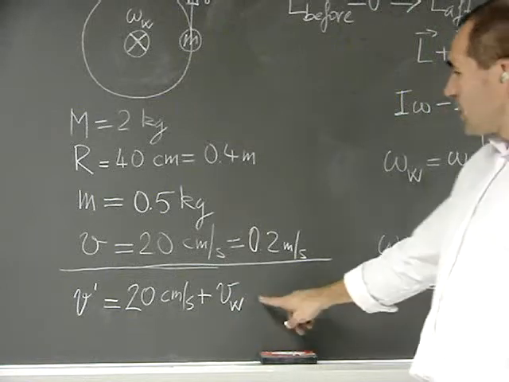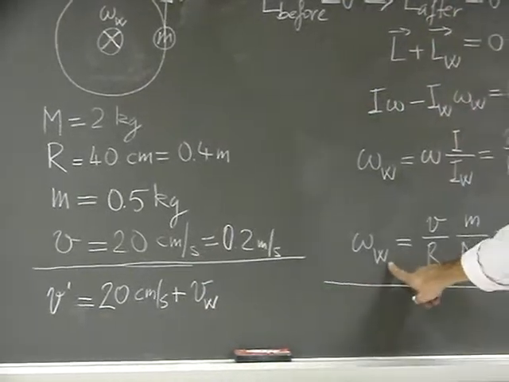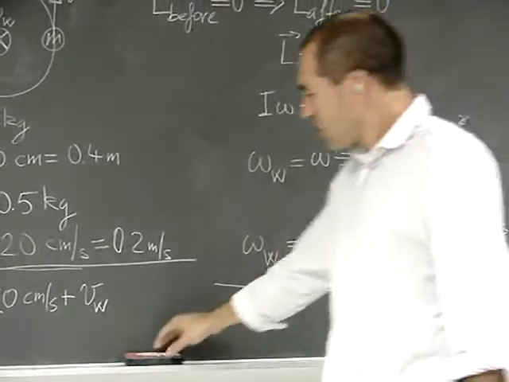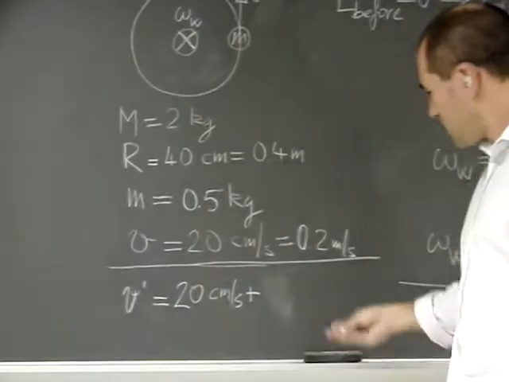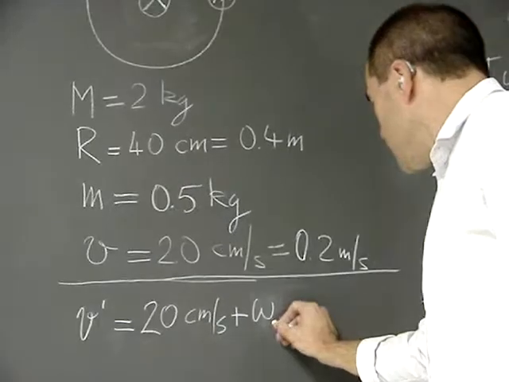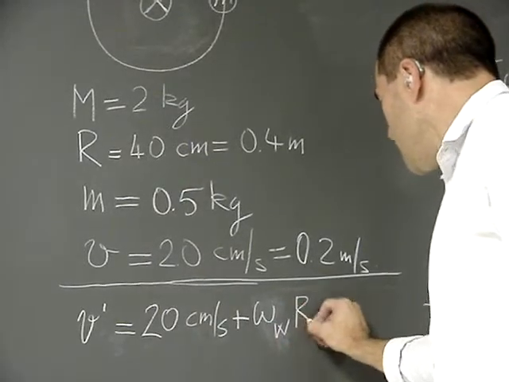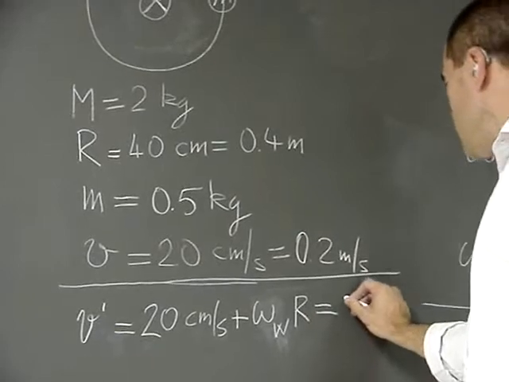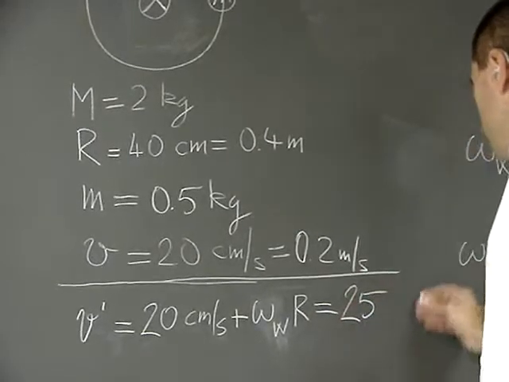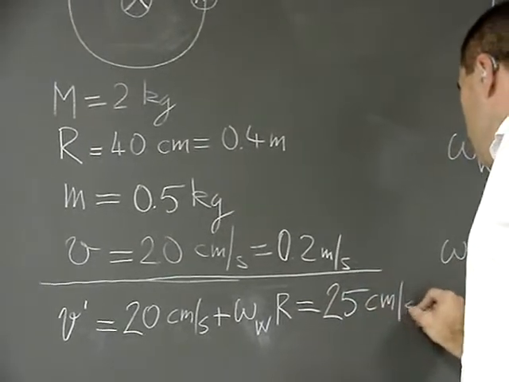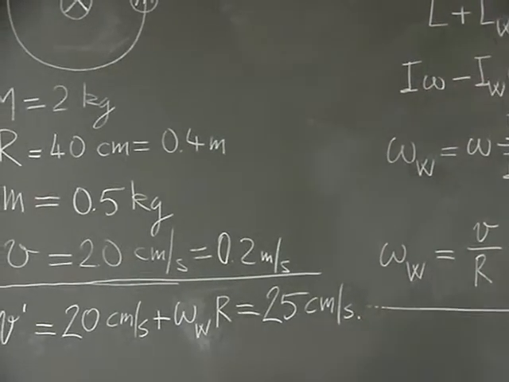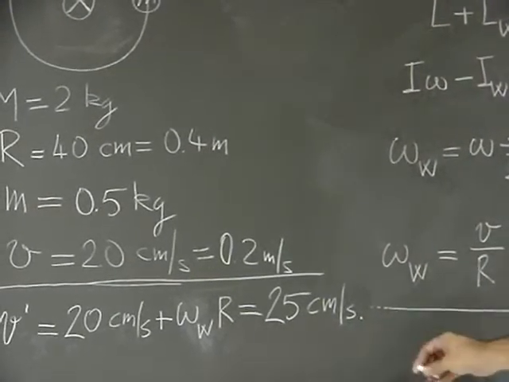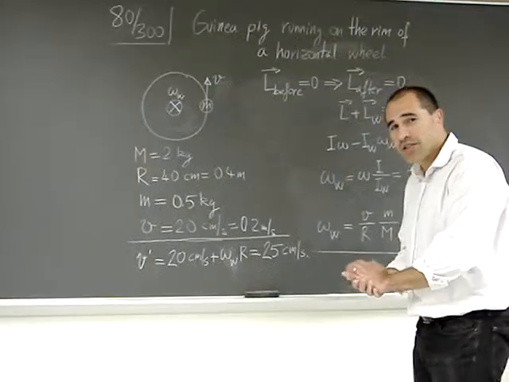Now the speed of the wheel is omega_w that we calculated times R. Because I don't have room, I'm going to write it right here. Omega_w times R. If you put the numbers in, you will get 25 centimeters per second. So as you can see, you can always make the problem more complicated than given.